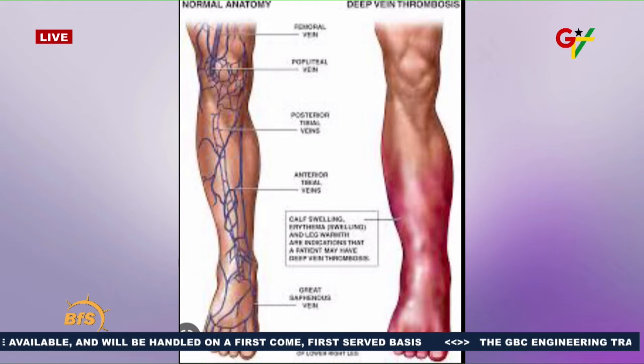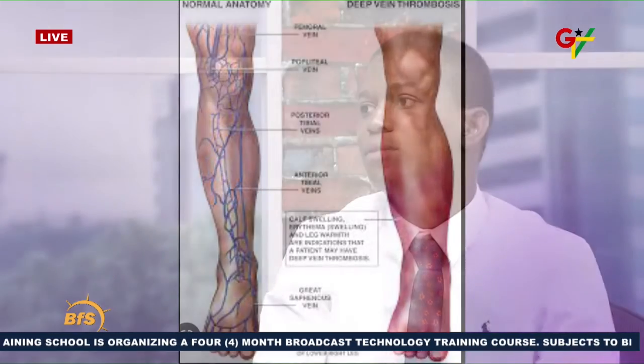And so sometimes you need a very high index of suspicion to fish and say that no, this might be more than a heart or liver problem. It might be DVT affecting both sides. Because I think there was one time I had a client, a 63-year-old man, who had DVT of both lower limbs, from the legs to the thighs, all swollen. So even though most of the time it's one-sided, there are times that you might have both sides having clots.